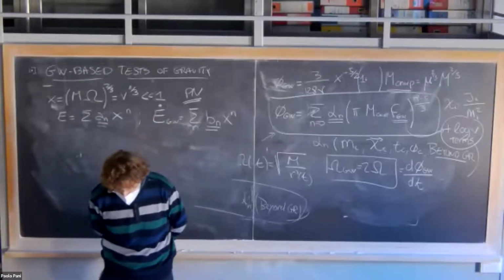Professor Pani, I have a question here. Sure. So the flux balance equation that you put down, if I understand correctly, is valid in the adiabatic approximation, if I'm not mistaken. Could you comment a little bit about that? Why is it only valid in the adiabatic approximation, or am I misspeaking here? Sorry, I didn't understand.